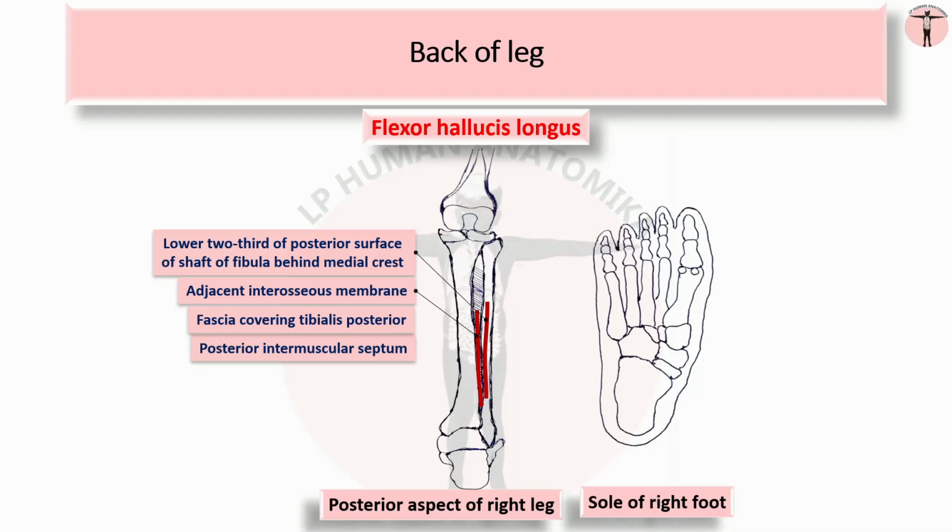The muscle fibers run downwards and in the lower part of the leg it forms the tendon which passes obliquely downward and medially.